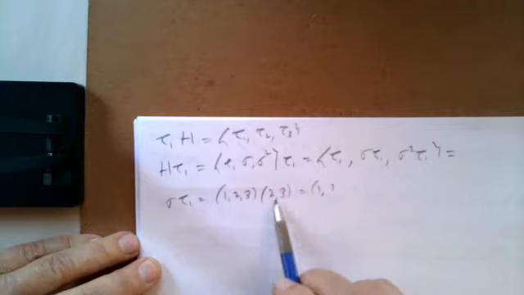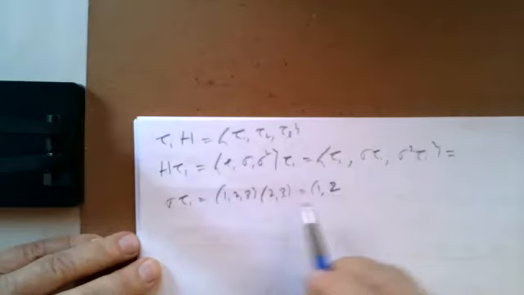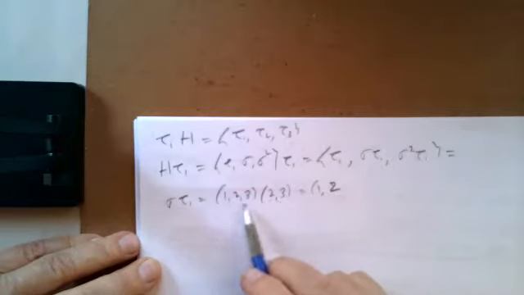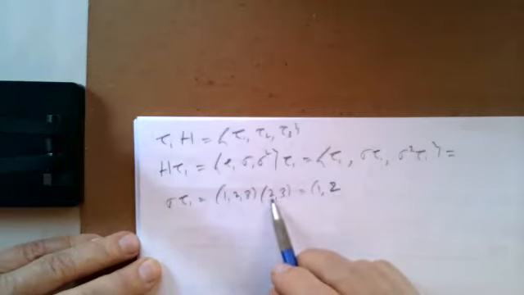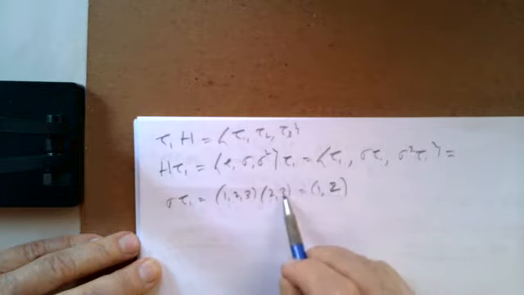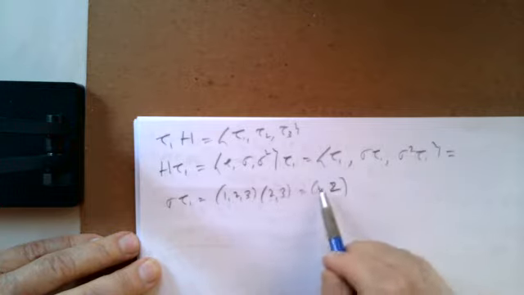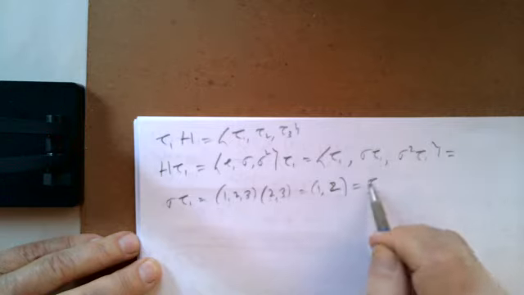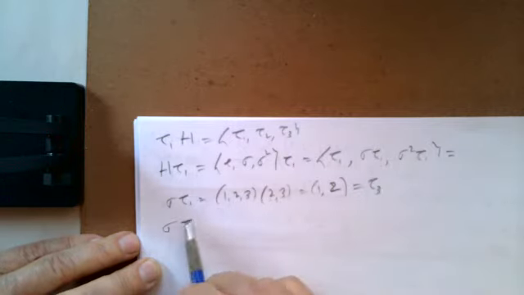What is it? 1 goes to 1, this sends 1 to 2, this sends 2 to 3, and this sends 3 back to 1. So 2 goes to 3 goes to 1, and 3 goes to 2 goes to 3. So this is just the transposition 1, 2, or tau 3.